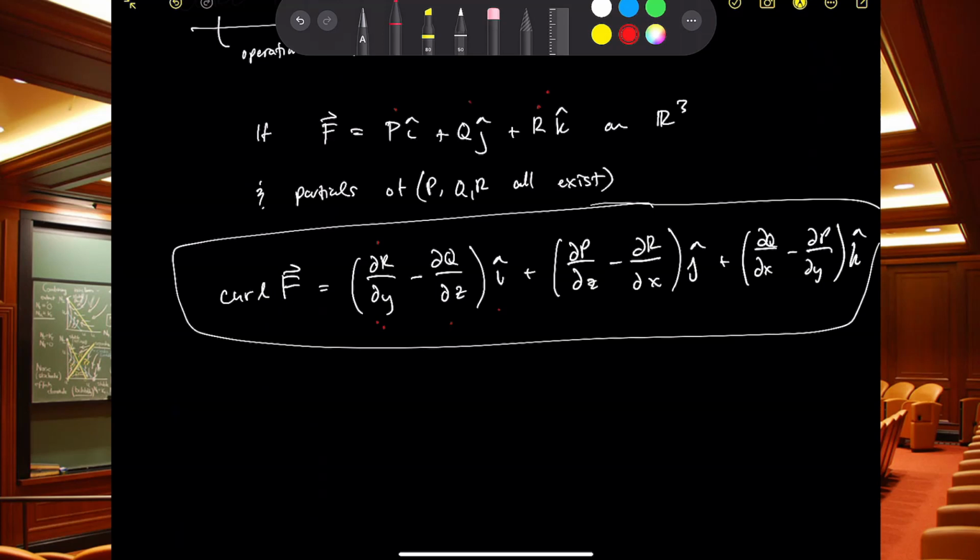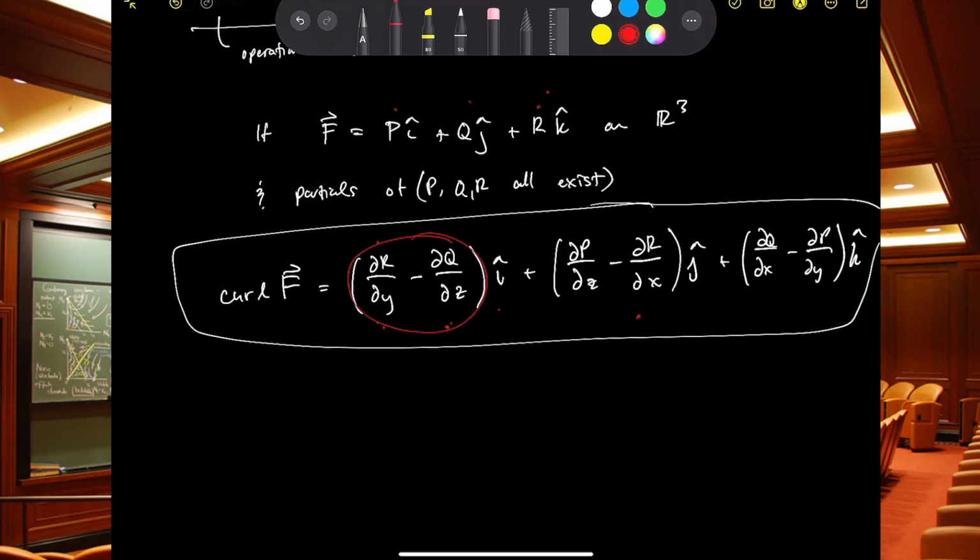So you can think about it as being the twist. If I'm kind of staying fixed on my x position, this might not make a lot of sense, but over time it will. For staying fixed in my x position, I'm measuring here how much z is changing with respect to y minus how much my y is changing with respect to z. That's how much I'm twisting around the x axis.